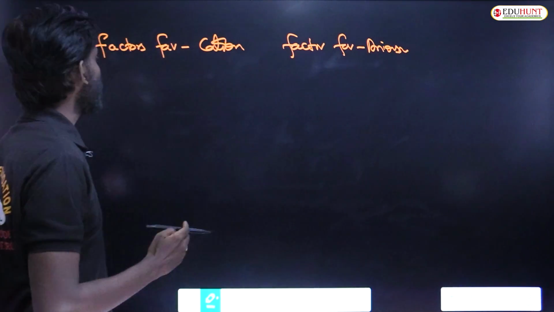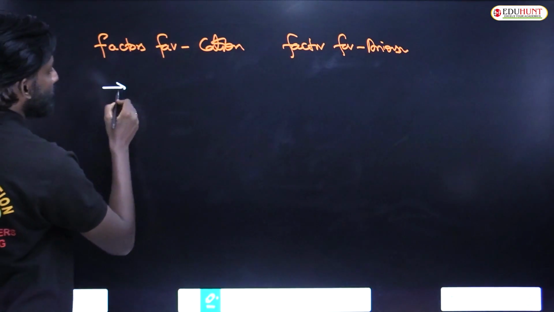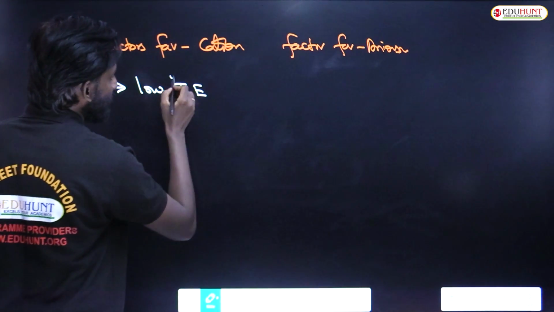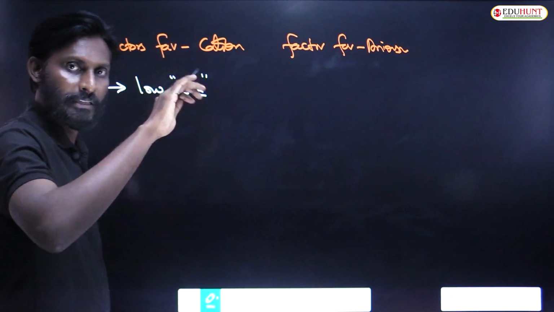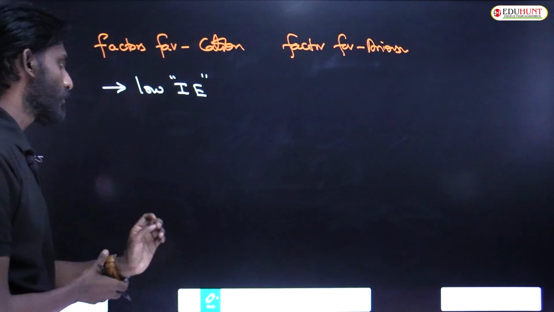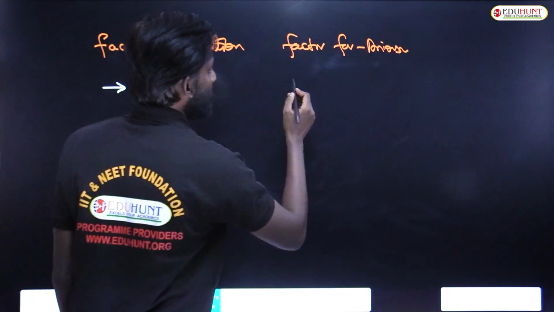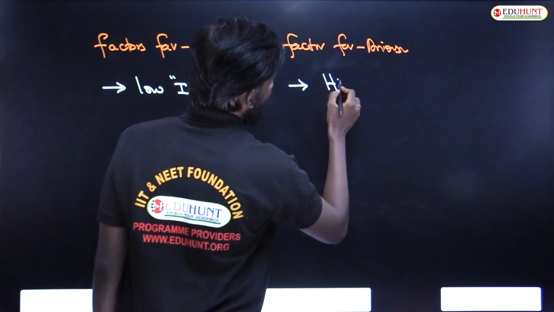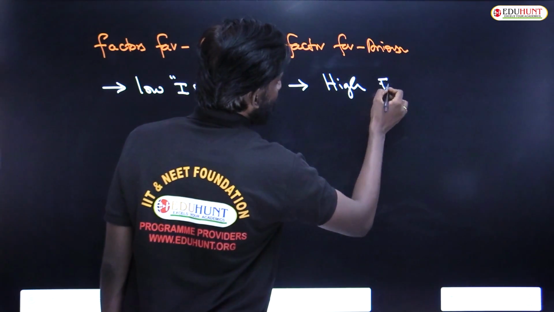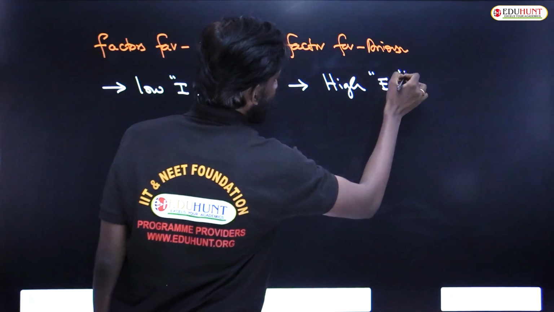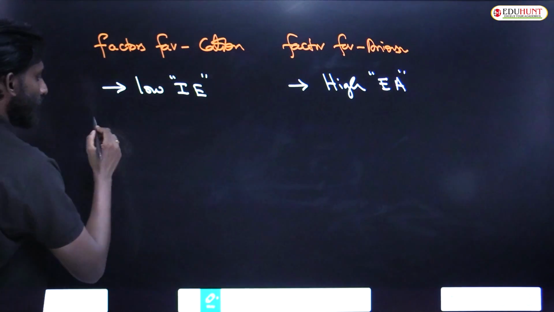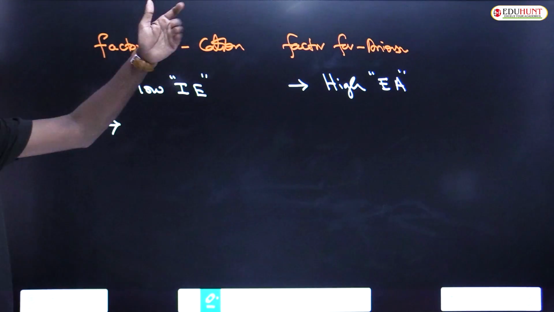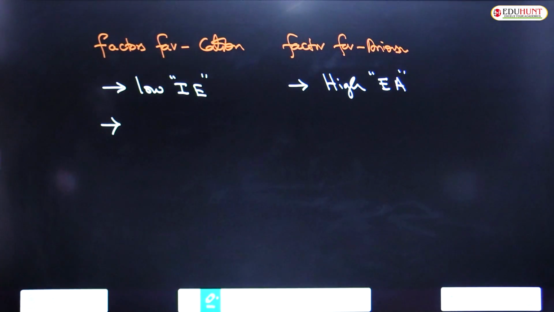For cation formation: low ionization enthalpy, and I discussed how this ionization enthalpy depends on other factors. Here for the anion formation, what is important? High electron affinity. I am indicating electron affinity as EA.